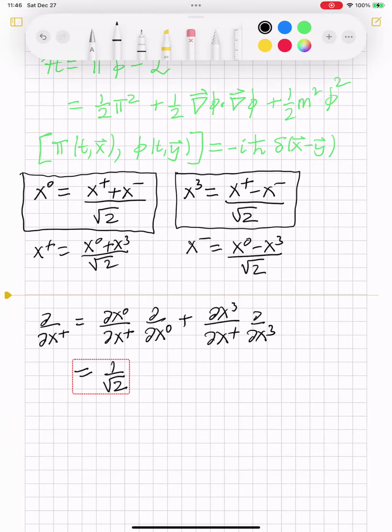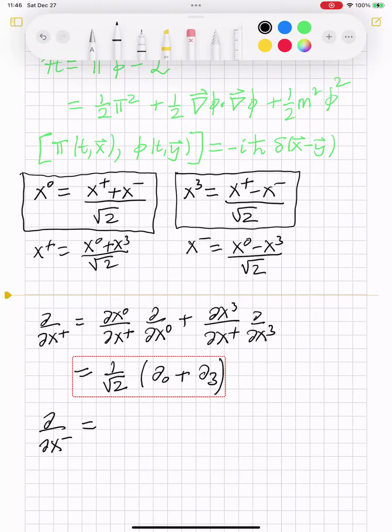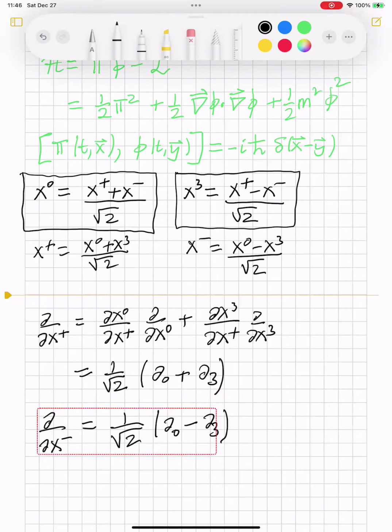So this is d naught plus d3, just a simple application of the chain rule. A completely parallel argument shows you that d by dx minus is 1 over square root of 2 times d naught minus d3, that minus sign coming because x3 is x plus minus x minus over the square root of 2. Great. We'll continue in a moment.